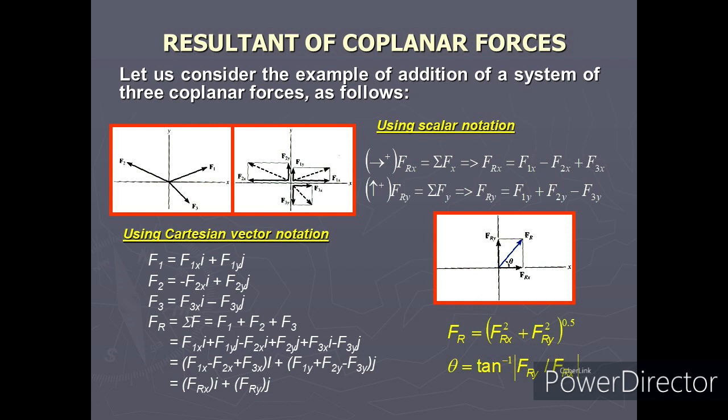To find the direction of the resultant vector, from here, you take tan, isn't it? Tan is opposite over adjacent, which will be FRY over FRX. Here we use modulus because we must have taken care of the signs. What do I mean by we must have taken care of the signs? In an actual problem, as we are going to see, FRY could be negative, FRX could be positive.